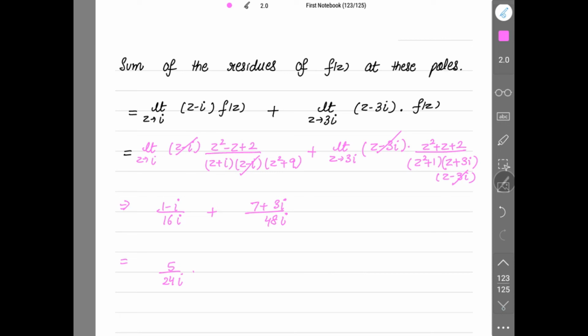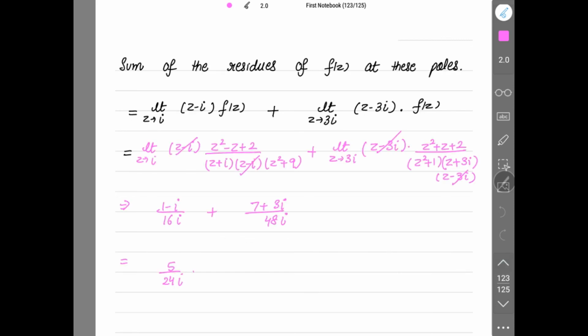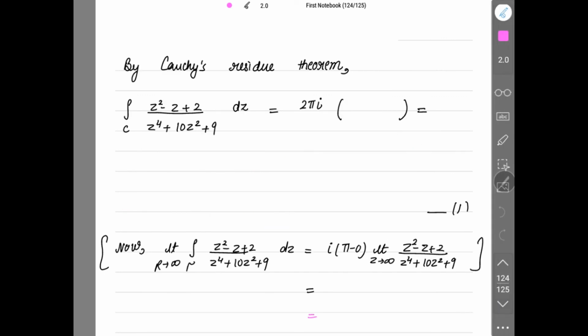Now I have to apply the Cauchy residue theorem. So this integration is equal to 2 pi iota times the sum of the residues. And the sum of the residues, which I have just found, is 5 over 24 iota. And when you solve, this will be equal to 5 pi over 12.